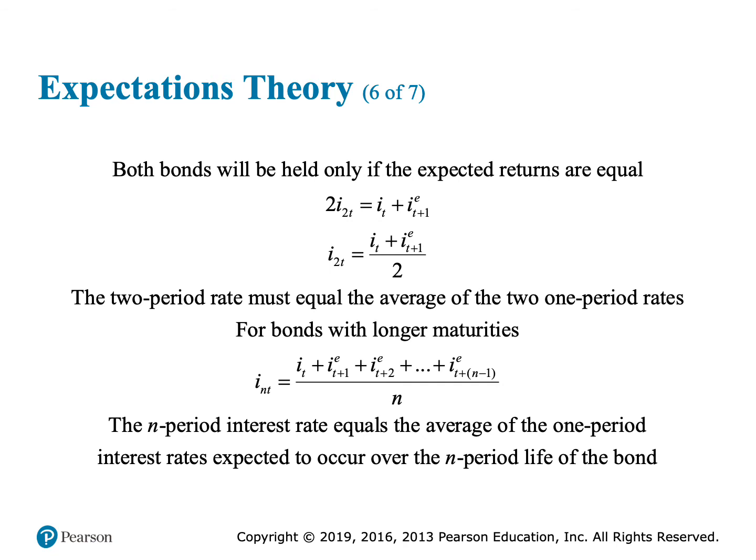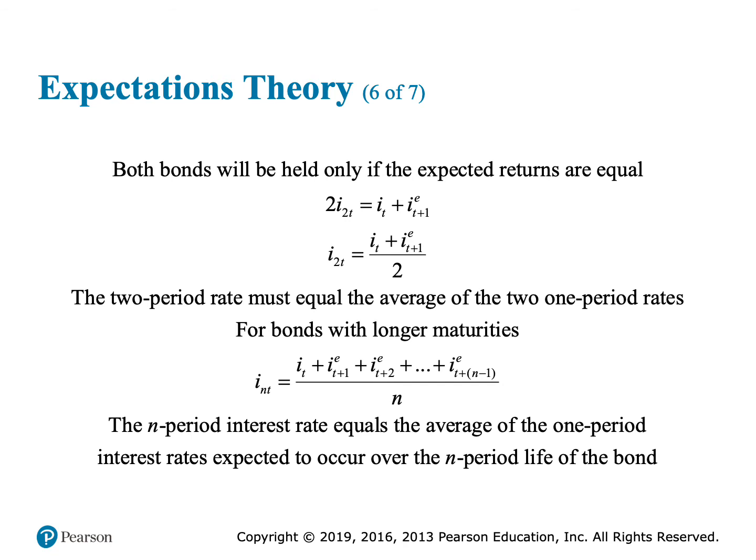On the left-hand side, again, we have the expected rate of return on the 2-period bond. And on the right-hand side, we have the expected rate of return on 2 1-period bonds, right? The statement is that those have to be equal. Our second line really just simplifies this equilibrium expression, right? And what it says is that the 2-period rate must equal the average of the 2 1-period rates.